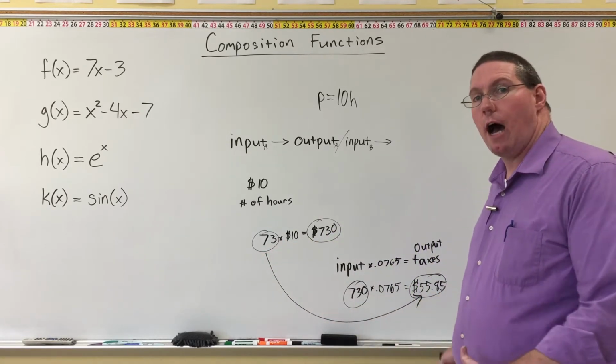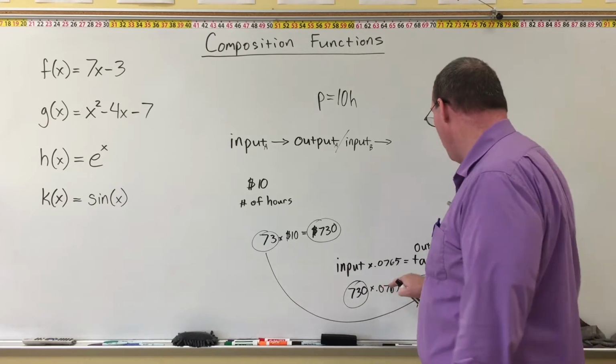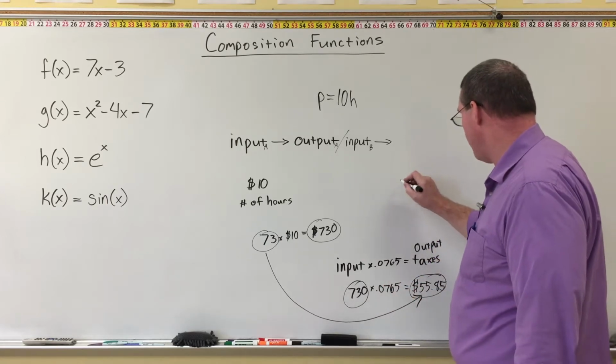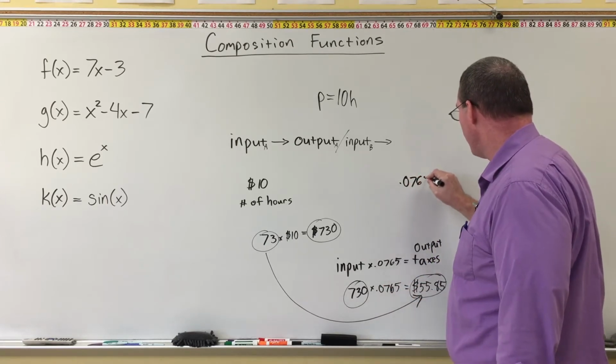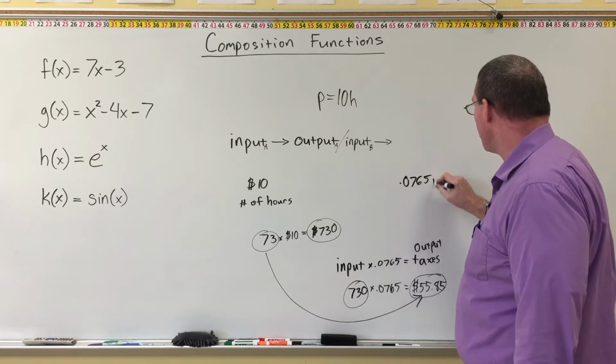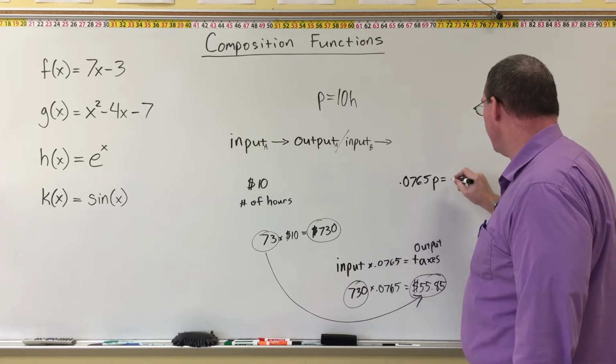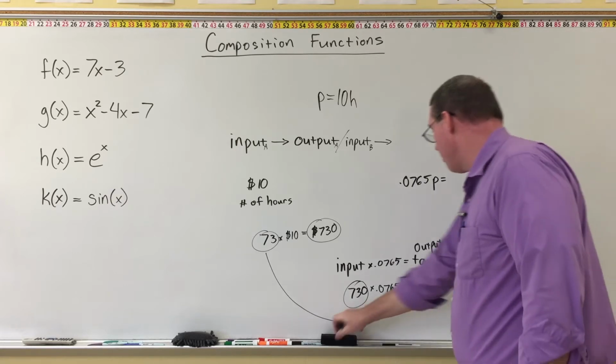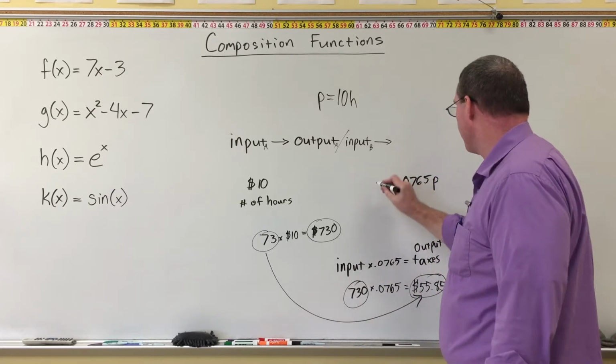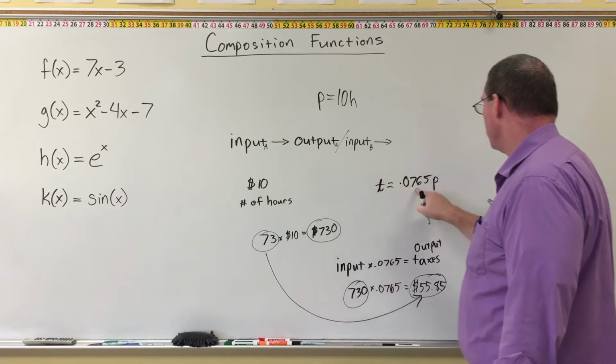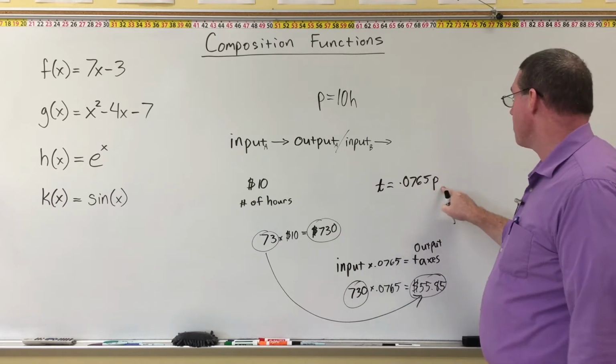This would be a composition function. We know that taxes are equal to 0.0765 times P, your paycheck.